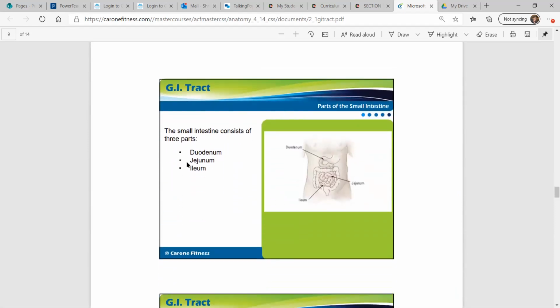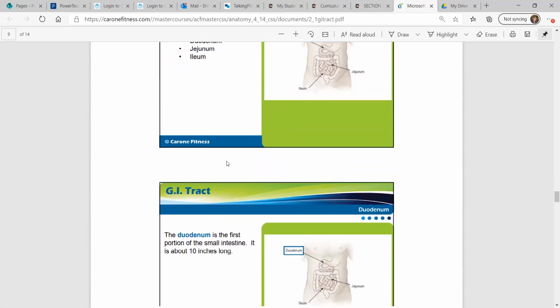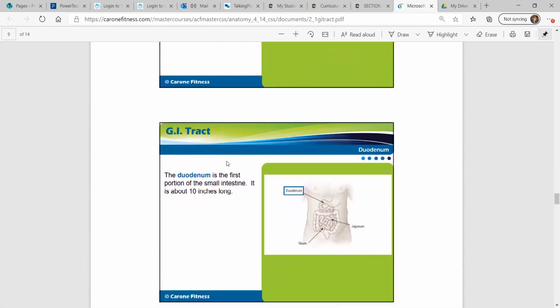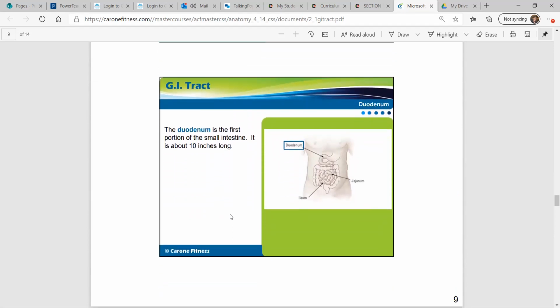Now, the small intestine consists of 3 parts: duodenum, jejunum, and ileum. Interesting names. The first portion of the small intestine, the duodenum, is about 10 inches long.